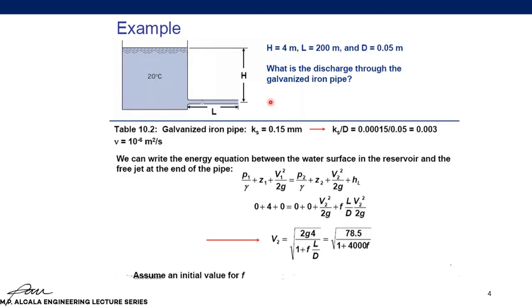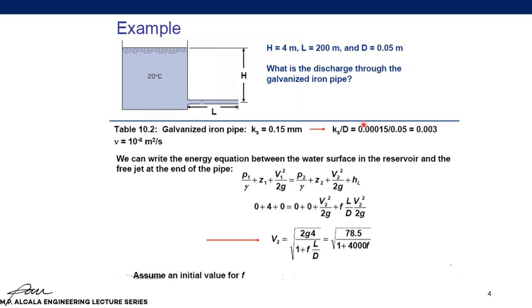Okay, so let's look at this example first. We have water at a standard temperature of 20 degrees Celsius running through a pipe with length L equal to 200 meters, a height of 4 meters, and a diameter of 0.05 meters, or 5 centimeters.